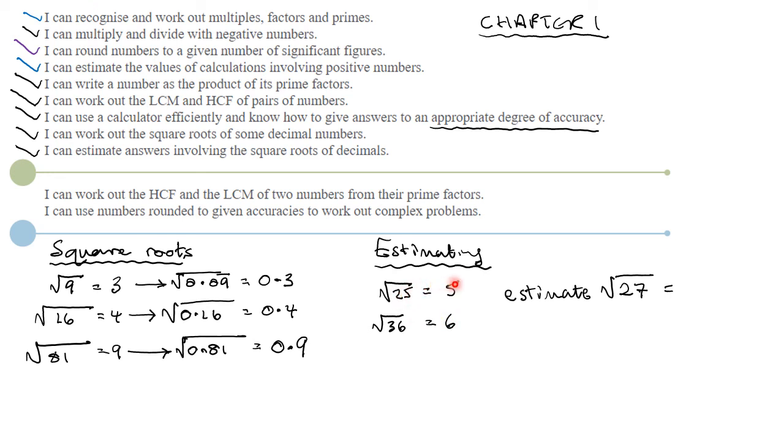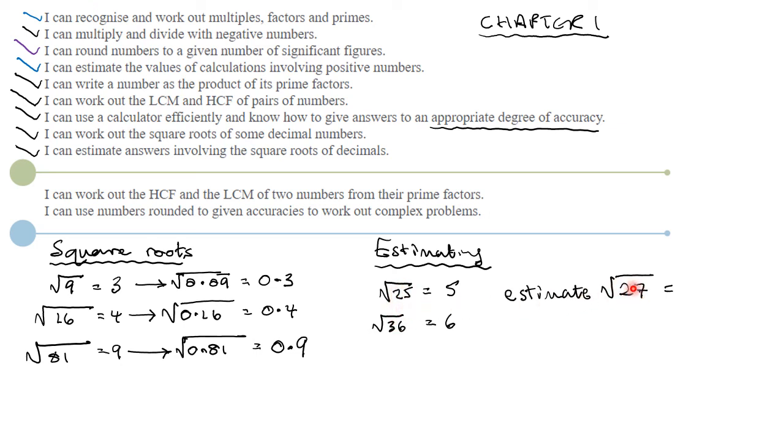And 27 is closer to 25 than it is to 36. So maybe I expect my estimate to be like 5.1, 5.2, 5.3, not 5.9, because then this number would have been closer to 36. So we can use the fact that it's between these two, and look at how close this number is to each of these numbers.